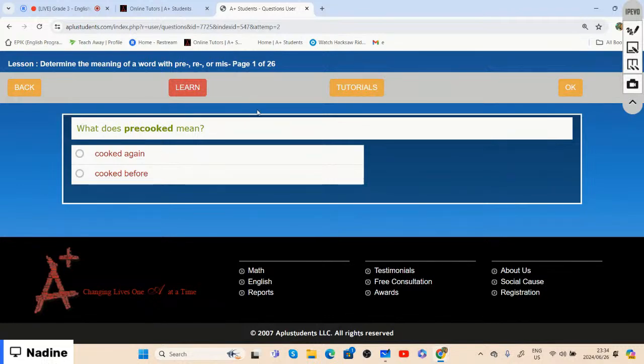What does precooked mean? Remember, we said pre means before. So what does precooked mean? Is it option one, to cook again, or is it option two, cooked before? So precooked. Remember, we said pre means before.